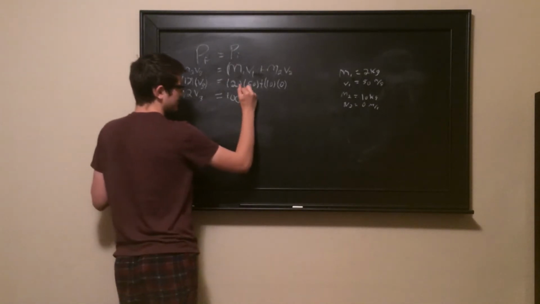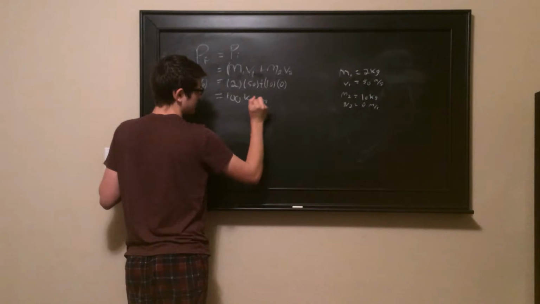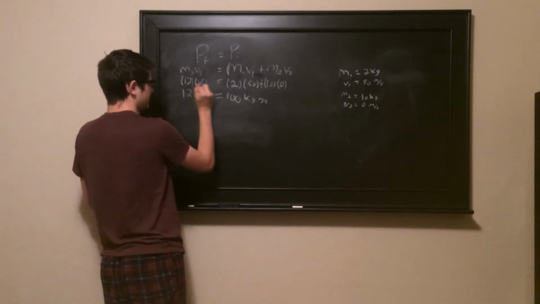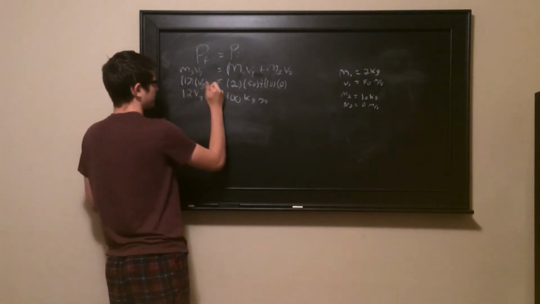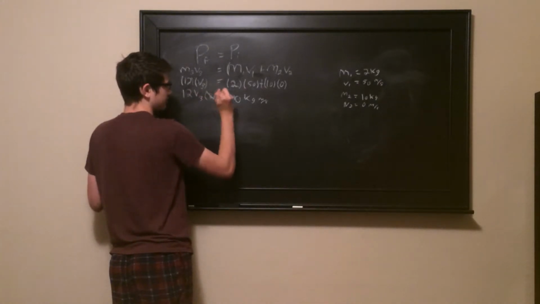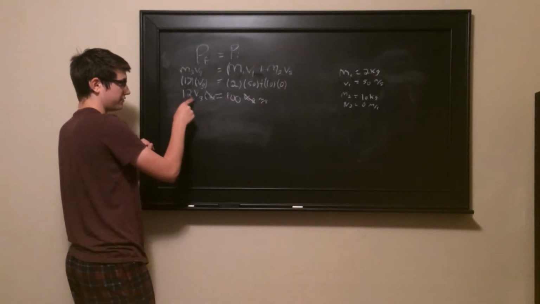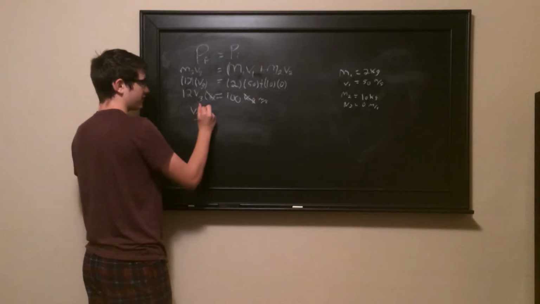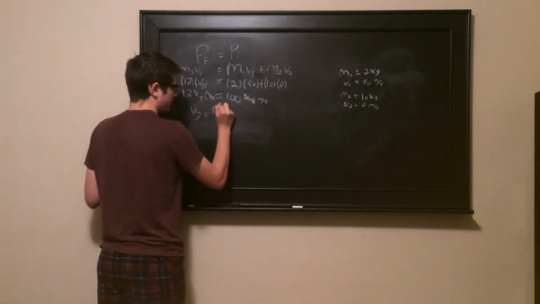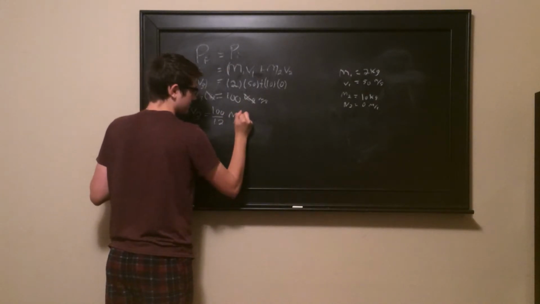Because this is kilograms meters per second, and this right here is in kilograms, our kilograms are going to cancel, and we're going to be left with meters per second, which is velocity. So our velocity of the total, or V3, is equal to 100 over 12 meters per second.